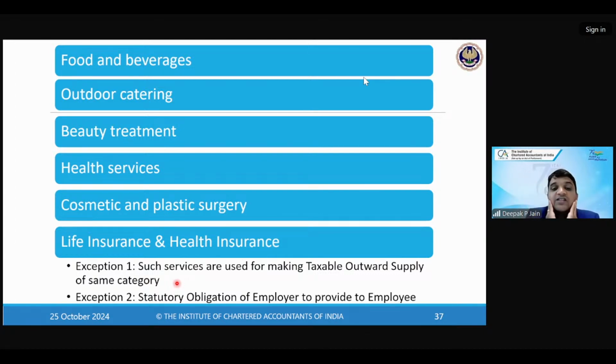Exception number two is when it is a statutory obligation of the employer to provide to the employee. So there is an obligation to provide food and beverages.